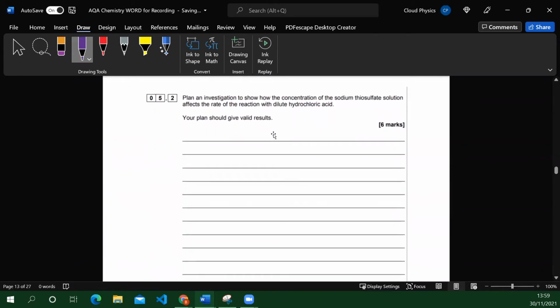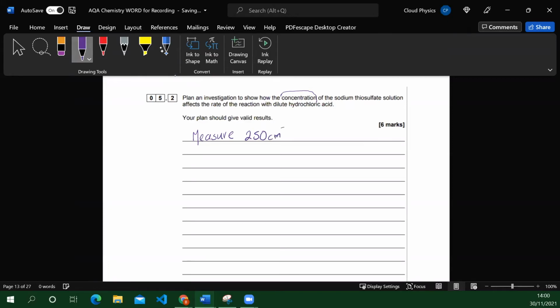5.2. Plan an investigation to show how the concentration, let's just highlight that, of sodium thiosulfate solution affects the rate of reaction with dilute hydrochloric acid. So we're changing the concentration there. Okay, so we've got a method. Measure, we'll say 250 centimetres cubed.